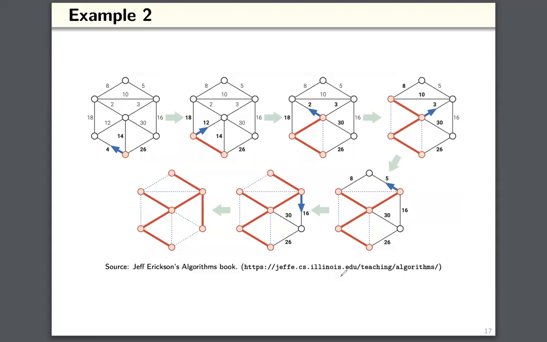So that means you need not start from this vertex. You can start from some other vertex and still get the exact same answer. You could have started from this vertex, it doesn't matter, right? You could have got the exact same answer wherever you start from. Okay.